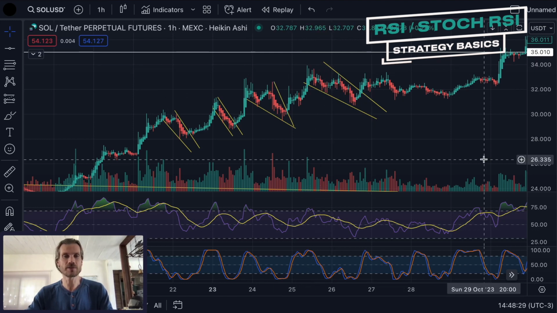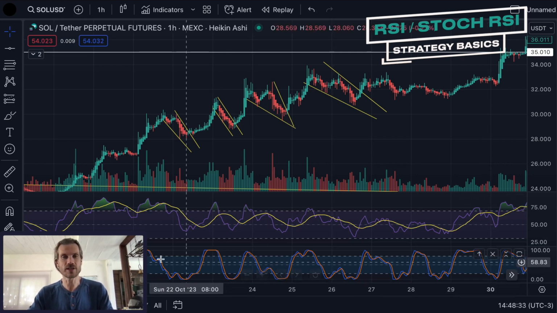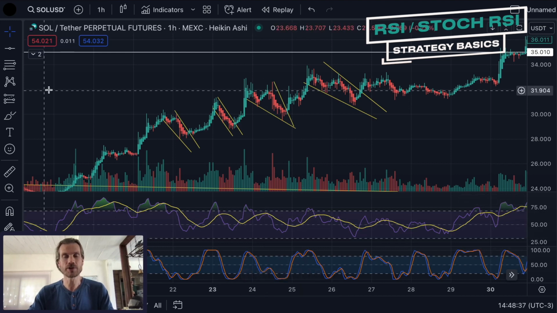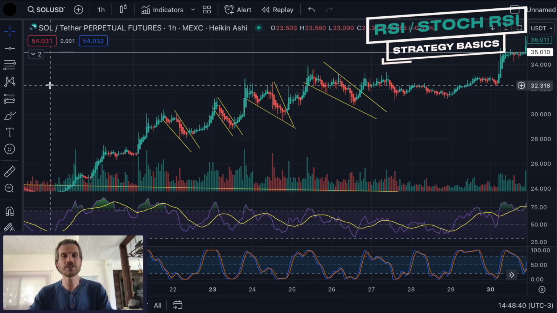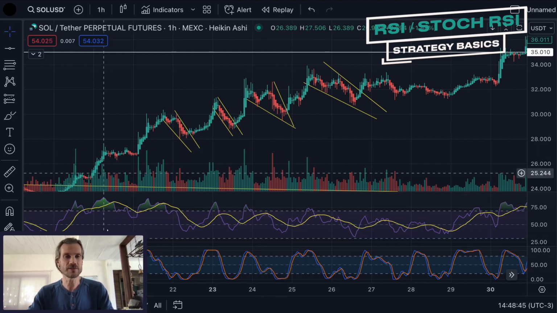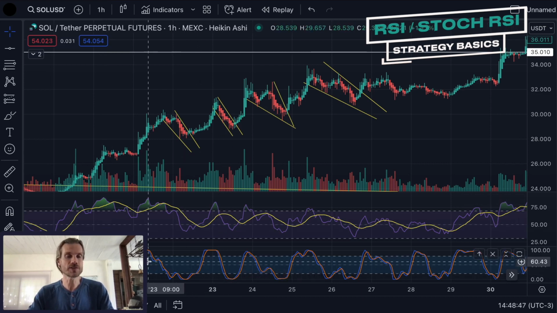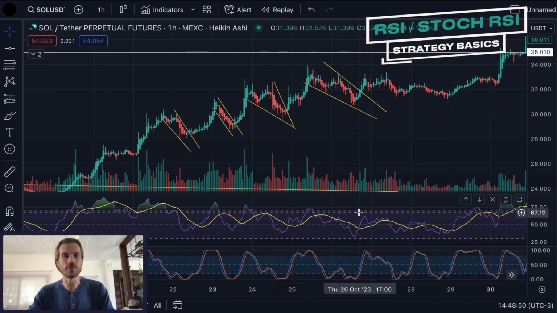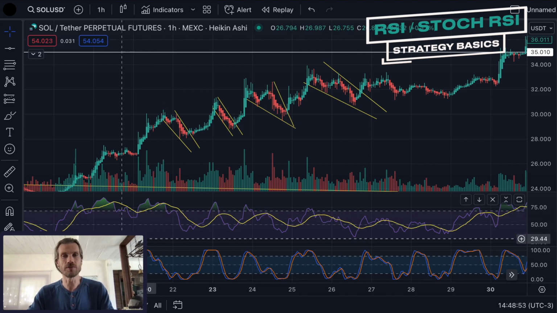This is just an example of how you can use the RSI in a basic way. Now, in this case, the RSI and the Stoch RSI are working pretty well in lockstep, but on different time frames and under different circumstances, they may diverge slightly. And then you might switch to using the Stoch RSI more than the traditional RSI, or vice versa.